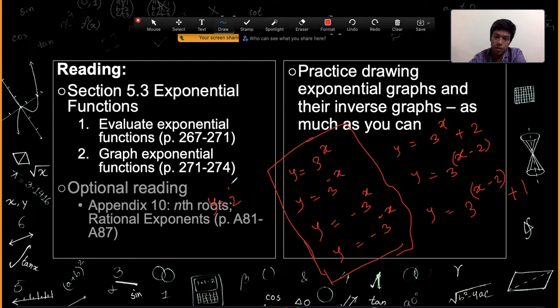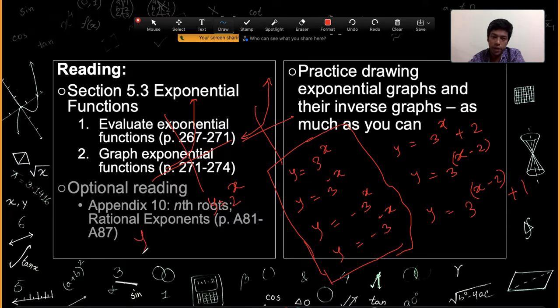The shape is also the same, just this will increase a little bit slowly.